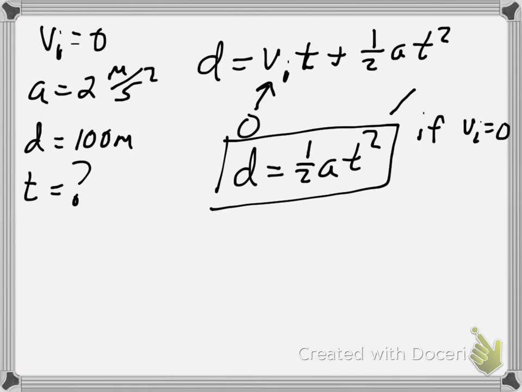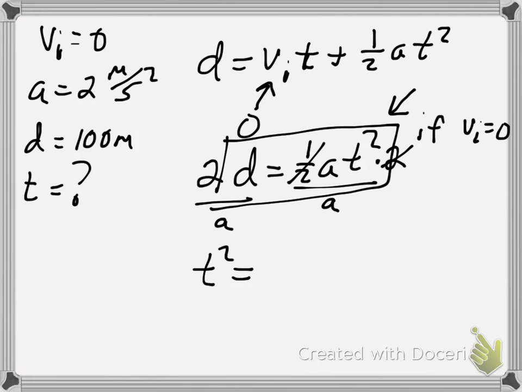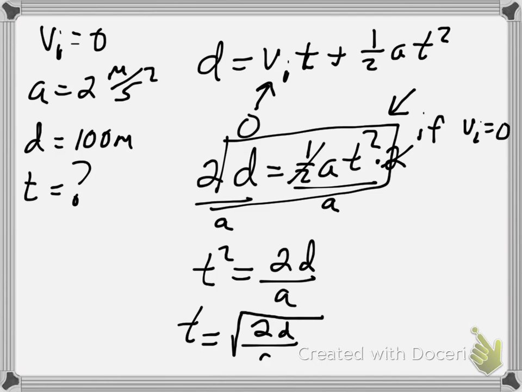But now we need to solve for t. The first thing to do is multiply both sides by 2 to get rid of the 1/2. And then I can divide both sides by a, and I'm going to get t squared is equal to 2 times d over a, and then t is going to equal the square root of 2d over a.